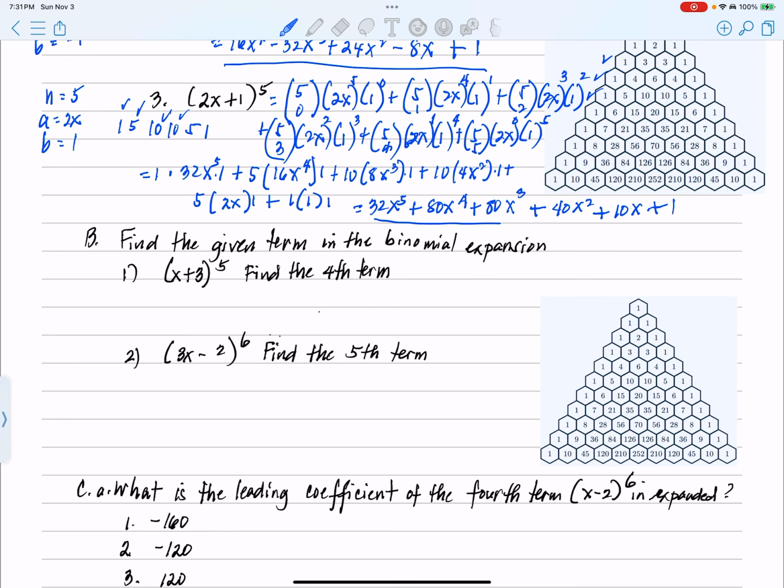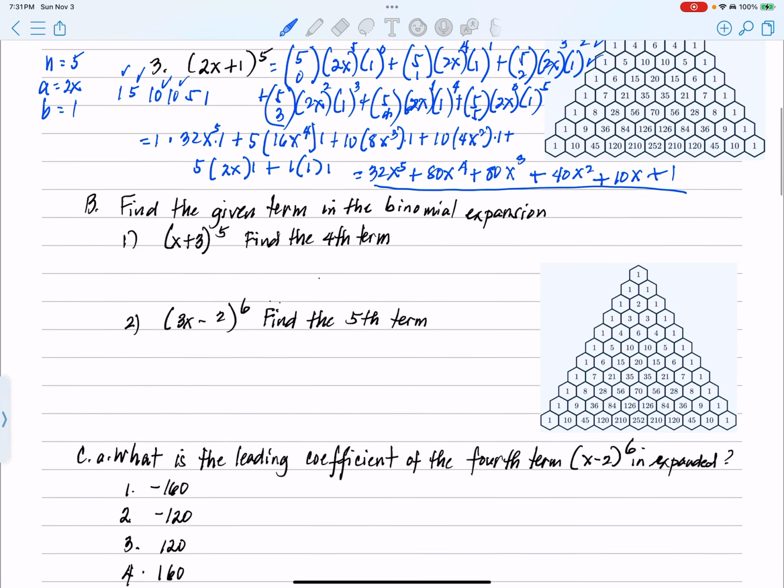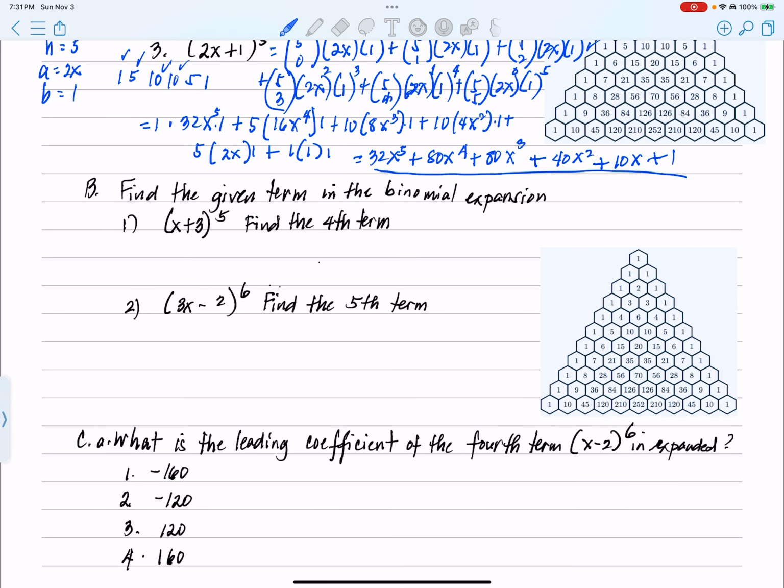Now this set is asking you to find the given term in the binomial expansion. That means you're asked for whatever possible term that is, like number 1, for example, x plus 3 to the fifth power.